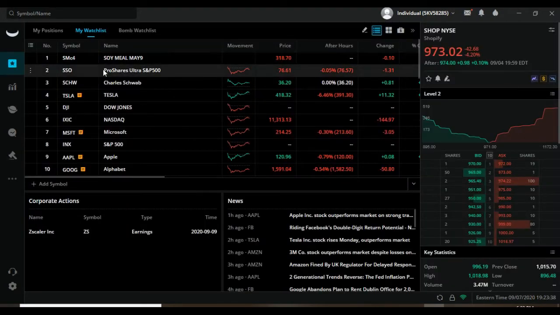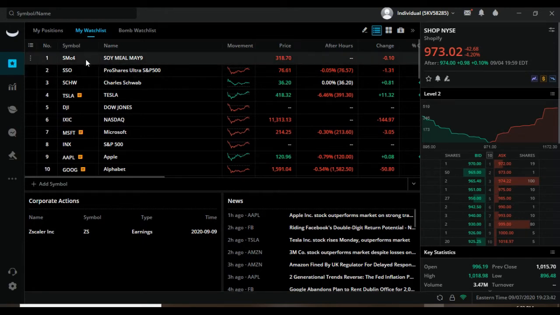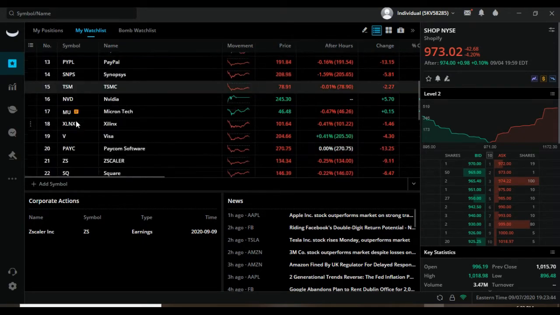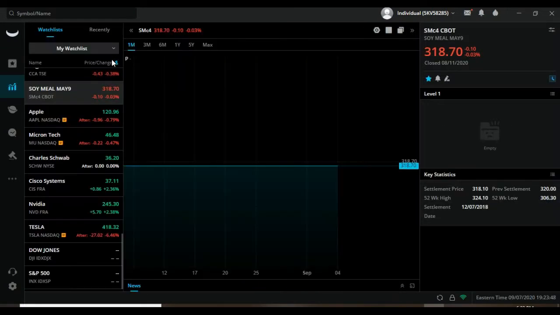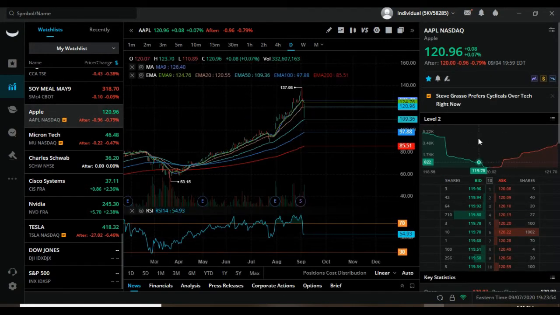From a watch list standpoint, as you guys can see, I have my watch list, and this is pretty much the stocks that I'm watching. Now, for the watch list, when you click on a stock, there are some things over to the right that you will see from an informational standpoint. I call it the quick quote, if you will.